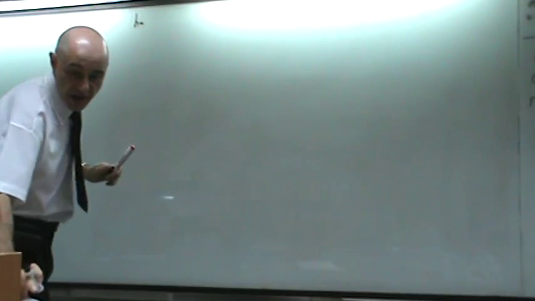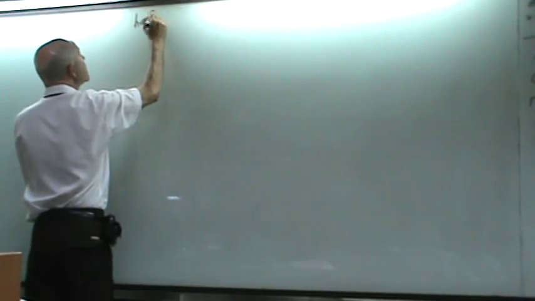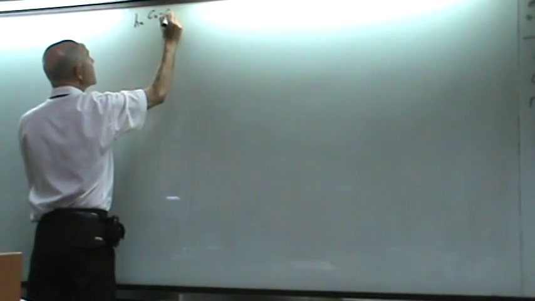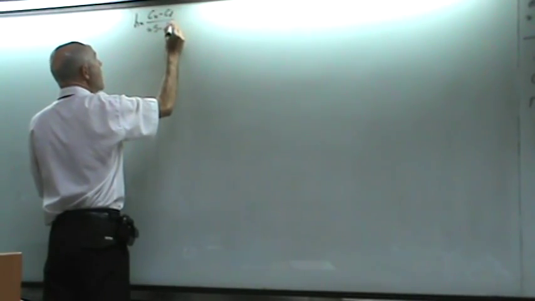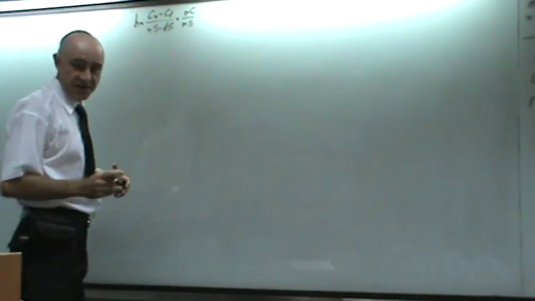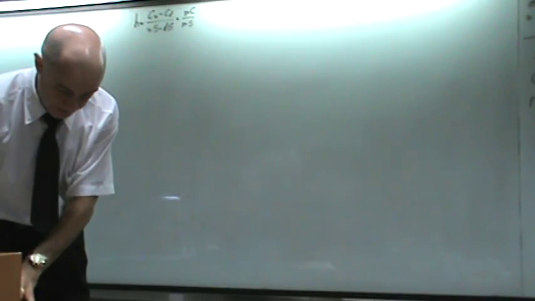H equals CU minus CD divided by US minus DS. Okay? This is kind of like the same as delta C divided by delta S. So that's the one piece.